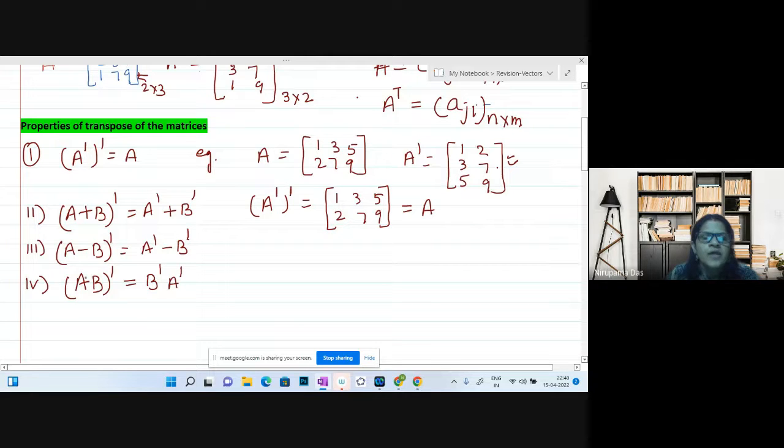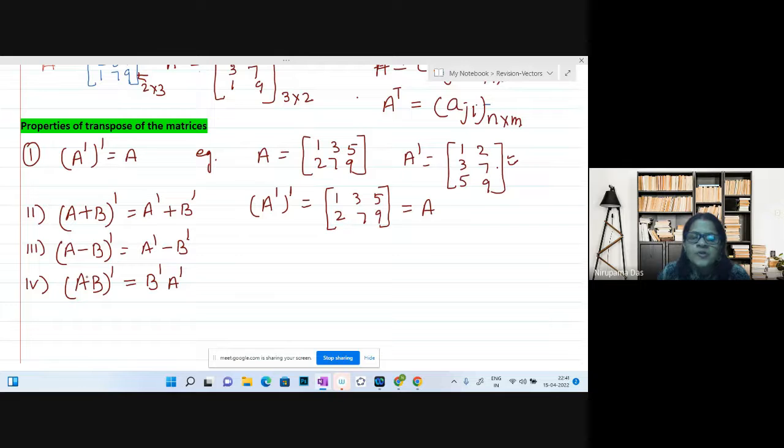So whenever we write transpose of AB, please be sure A into B is defined. What does it mean by saying AB defined? Product of two matrices will be defined only when number of columns of the first matrix equal to number of rows of the second matrix. Then only we will be able to multiply the two matrices.